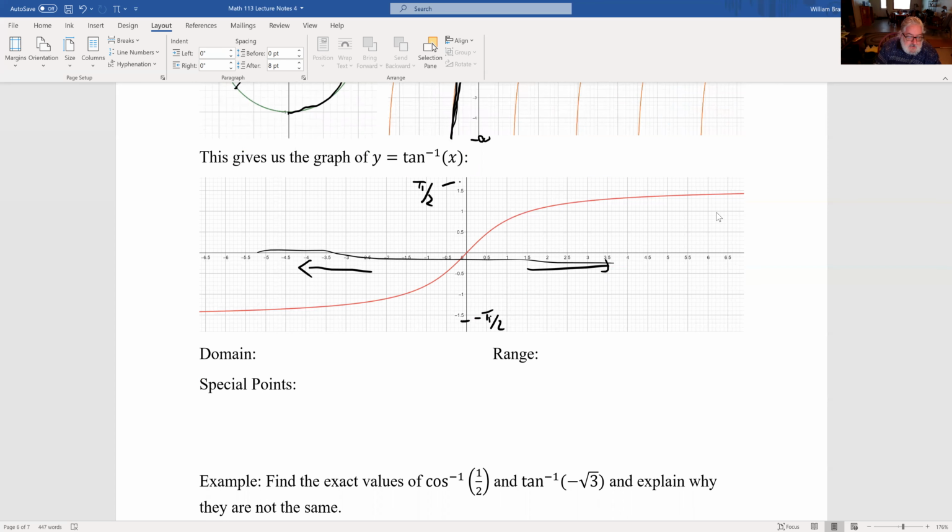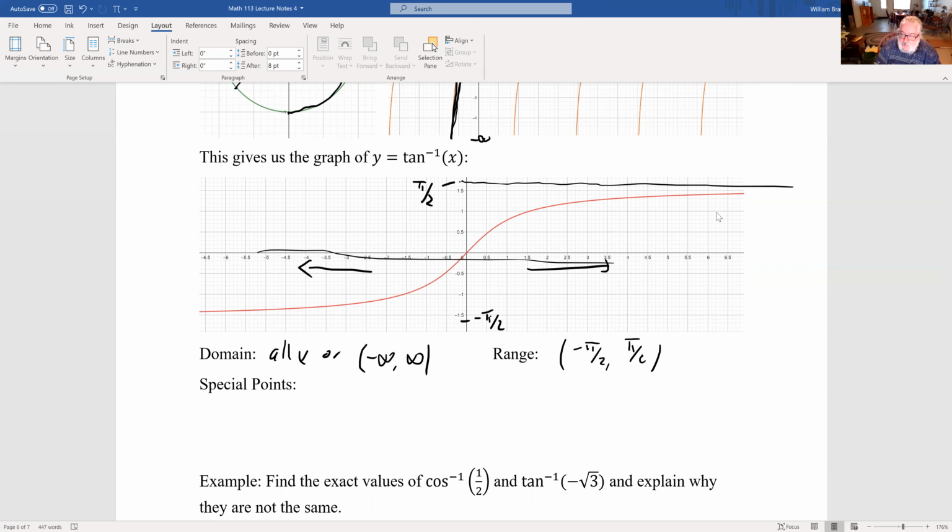So domain is all x, or if we're doing this in interval notation, the range is minus pi over 2 to pi over 2. Note that it doesn't include the endpoint. This is an asymptote. Arctangent will get closer and closer, inverse tangent will get closer and closer, but never actually touch that. Special points: 0, 0.